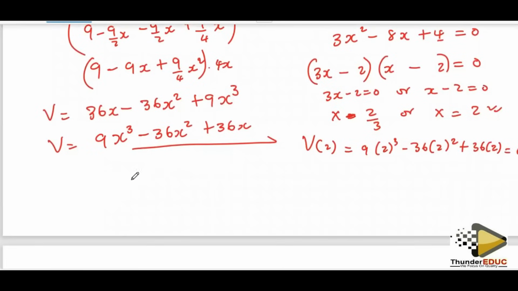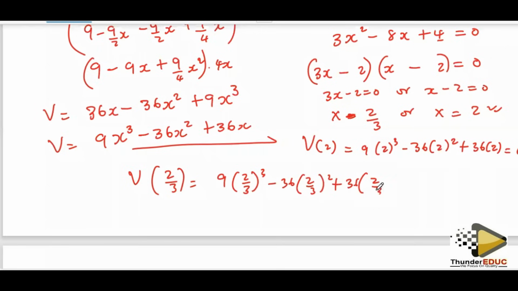And then if I use 2 over 3, that's going to be 9 into 2 over 3 cubed minus 36 into 2 over 3 squared plus 36 into 2 over 3. And substitute that.